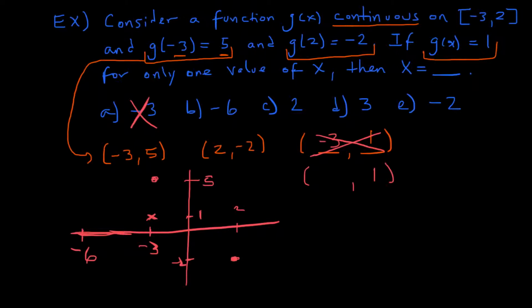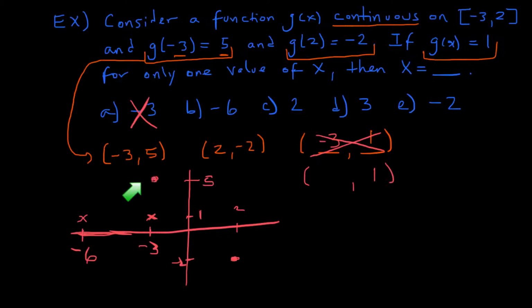Could it be that -6, 1 works? If you remember the theorem, the intermediate value theorem, it says that if you want to get from this point to that point, you have to cross all the y values between them, but it says that you have to make it between these two numbers, between -3 and 2.